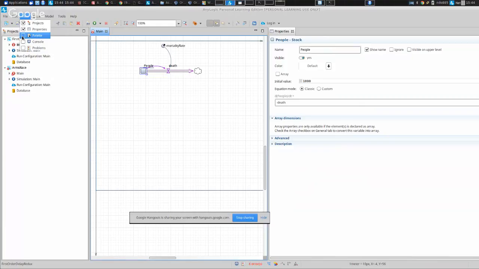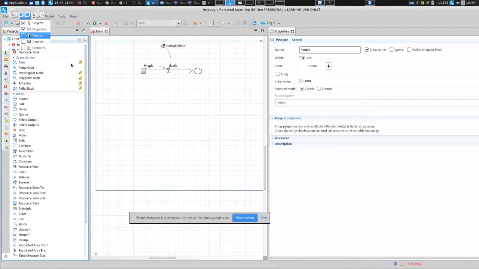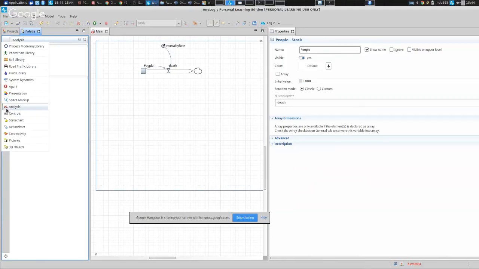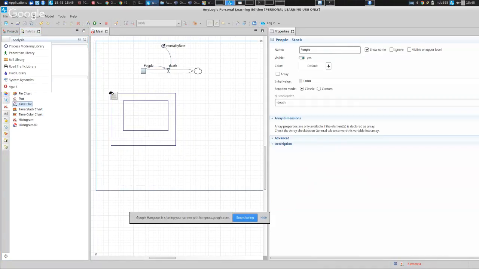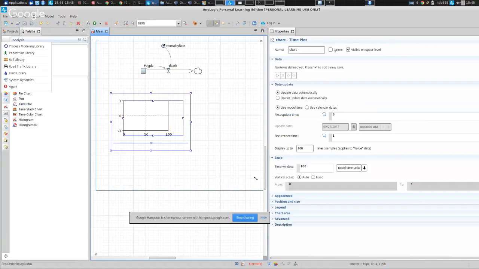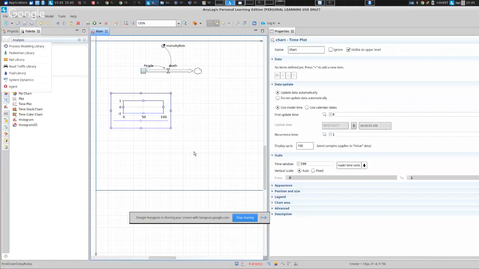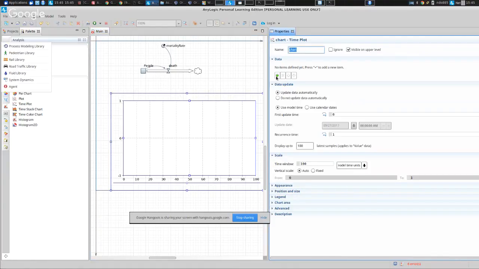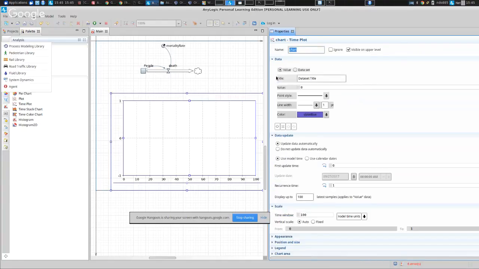The next thing I'm going to do is, from the palette, drag in a time plot. We go down to the analysis area here in the palette. It looks kind of like some graphs. I'm going to drag in a time plot, and this time plot is going to plot out the number of people.